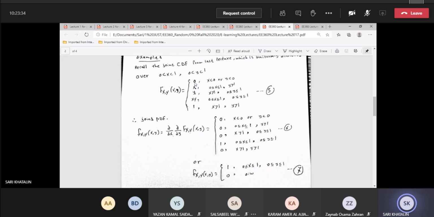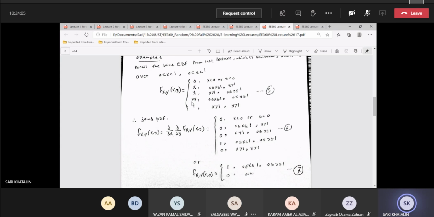If we do that, this one is going to be 0, this is going to be 1, this is going to be 0, this is going to be x, and this is going to be 0, of course. And now if we do it with respect to y again, it's going to be 0, and this one we said is 1, so it's going to be 0, and this is 0, and the derivative of x is going to be 1.